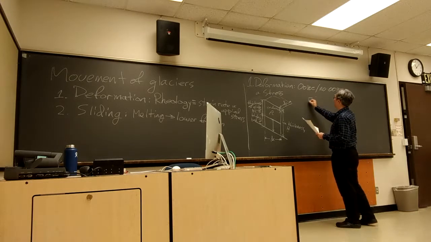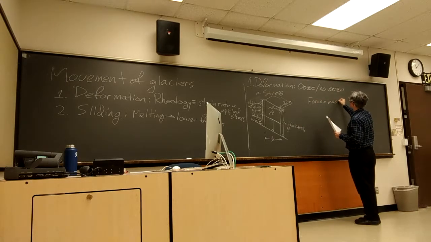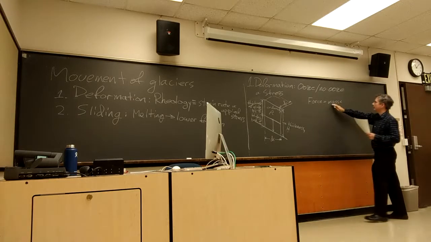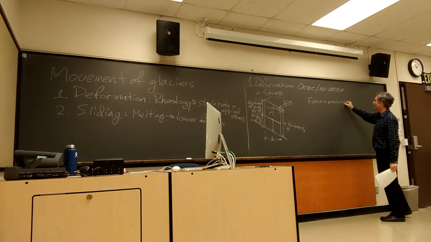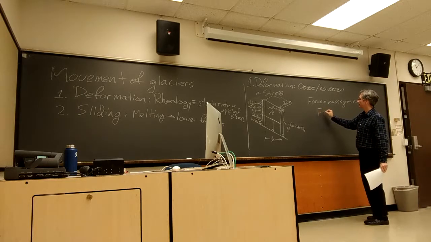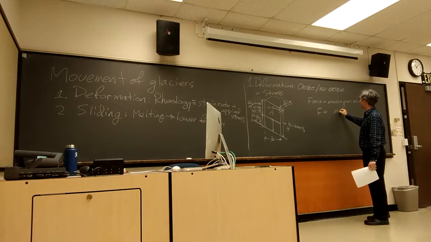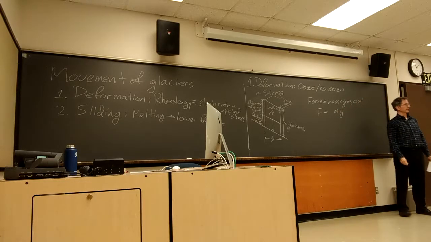Now, the force of gravity is mass times the gravitational acceleration, typically capital F and M, and using g for gravitational acceleration.